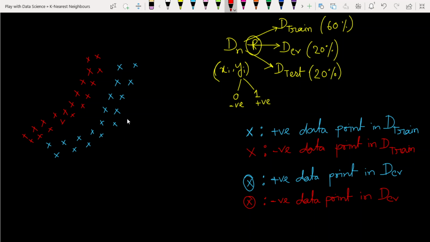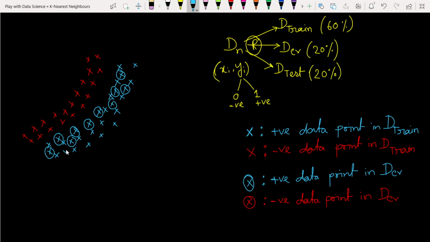Also suppose we have data points taken here in circles. Let's say we have taken some data points from D cross validation like that, here, here, and here. Why are we doing this?